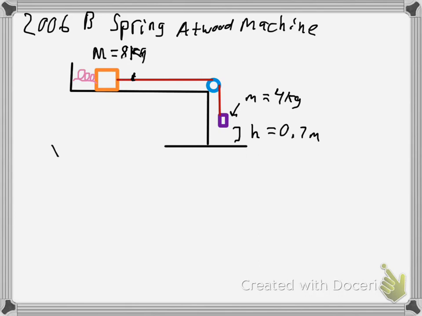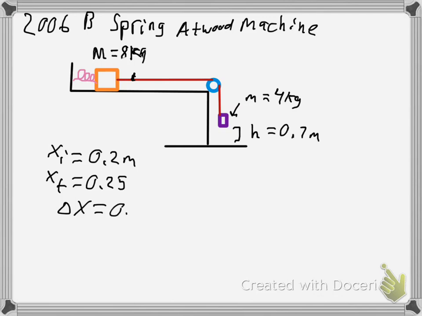We were given the initial length of the spring to be 0.2 meters, and then the final length to be 0.25. So that means our change, how much the spring is stretched at this point, is 0.05 meters. That will definitely come up.